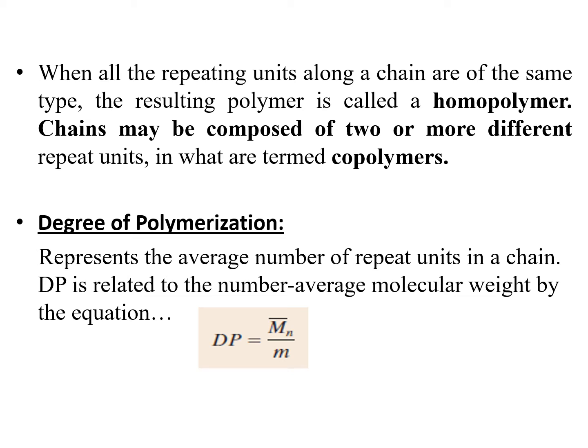When monomer units have two active bonds to connect with other monomers, they are called bifunctional, and when monomer units have three active bonds to connect with other monomers, they are called trifunctional.